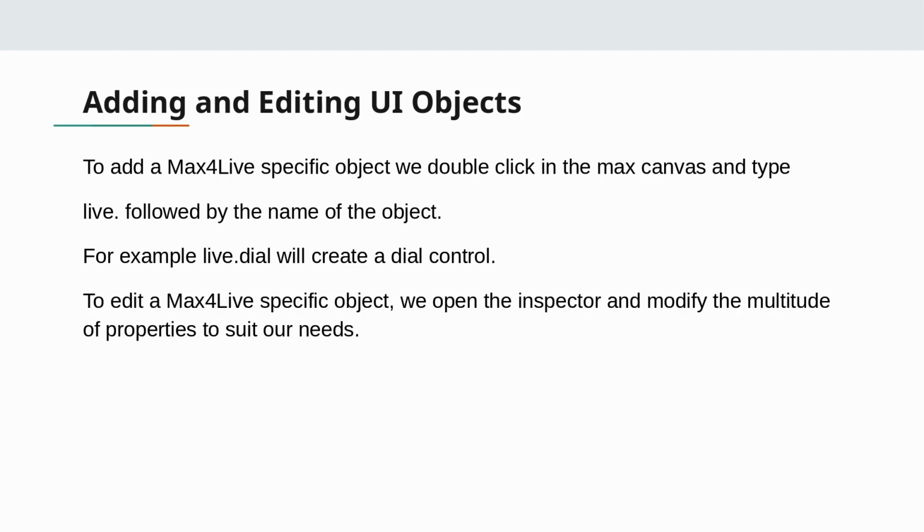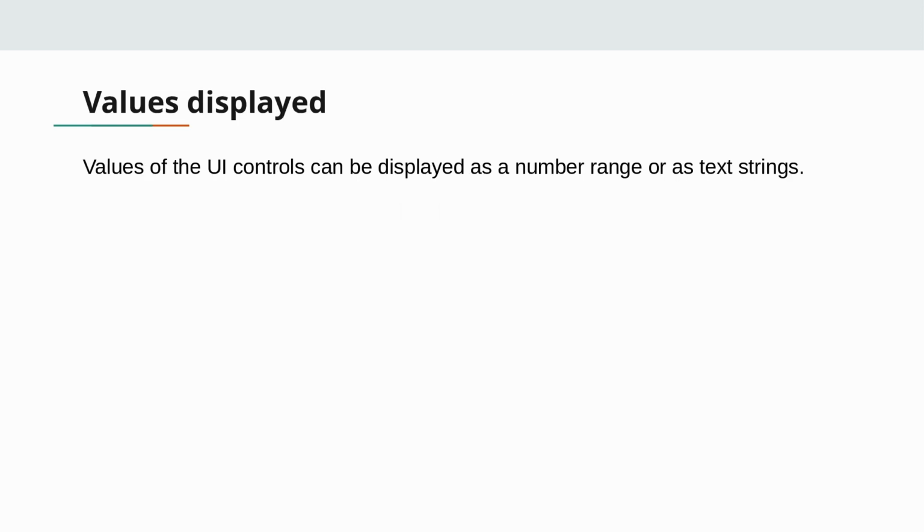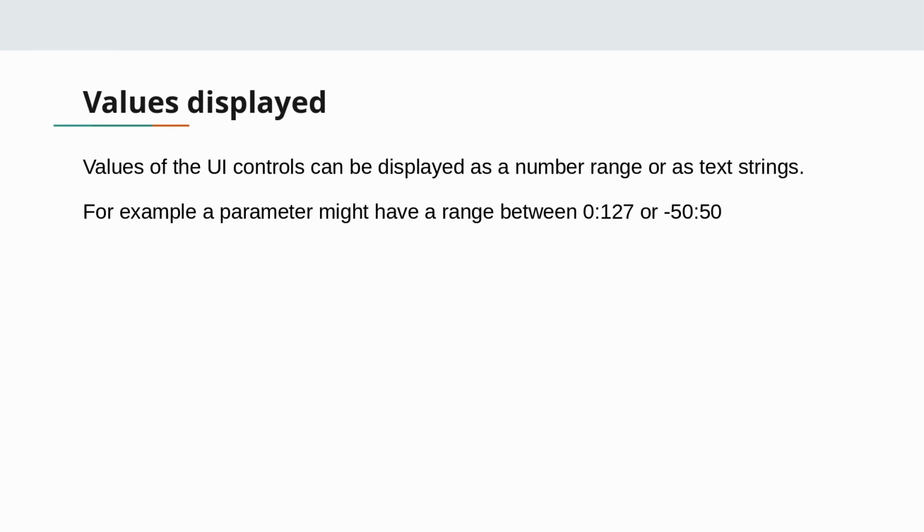To edit a Max for Live specific object, we open the inspector and modify the multitude of properties to suit our needs. Values of the UI controls can be displayed as a number range or as text strings. For example, a parameter might have a range between 0 to 127 or -50 to +50.